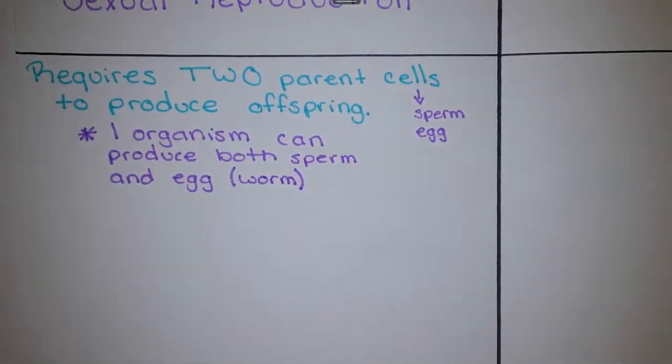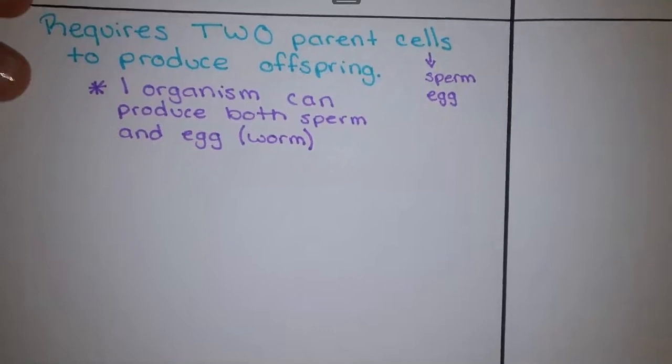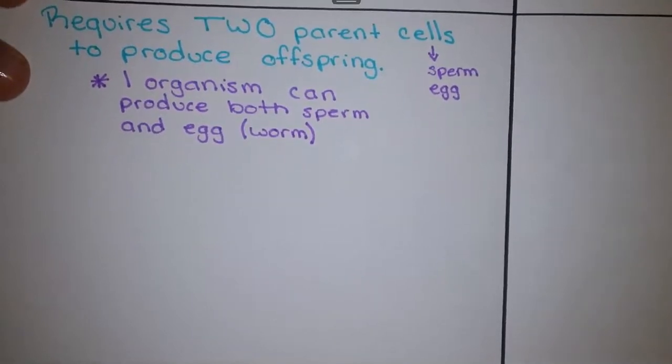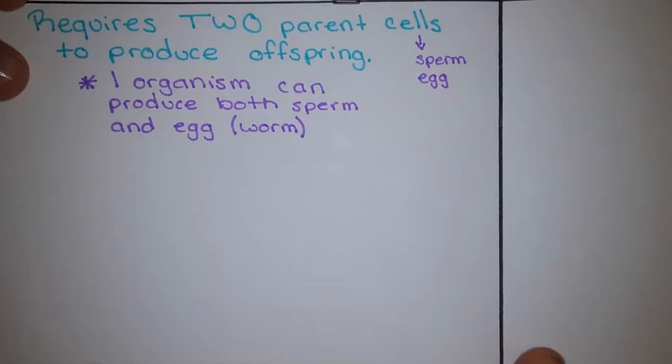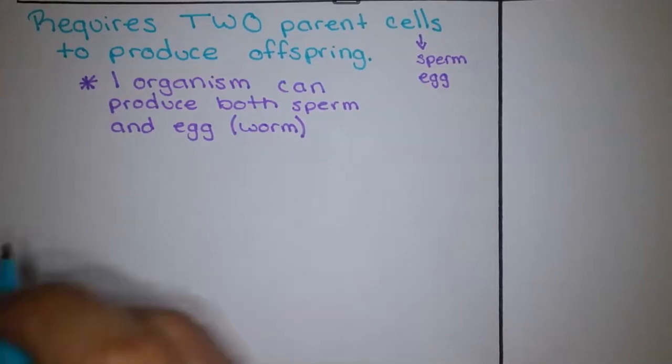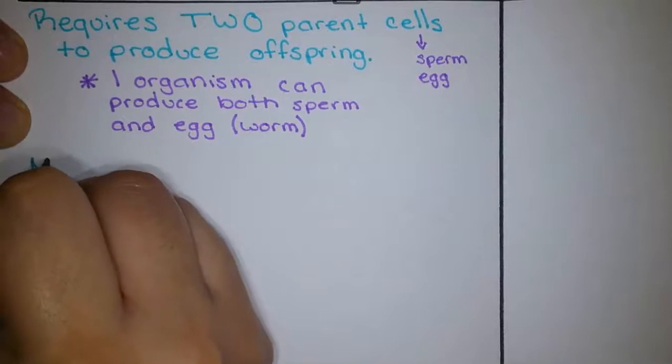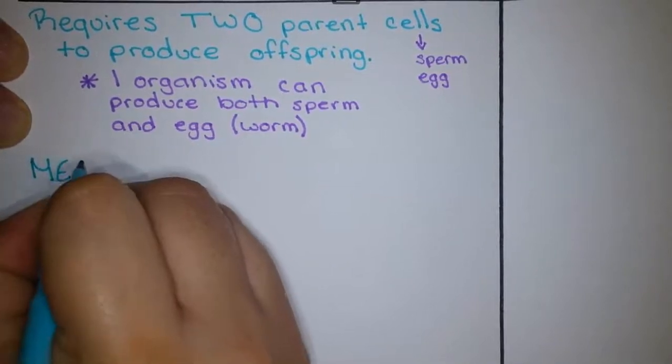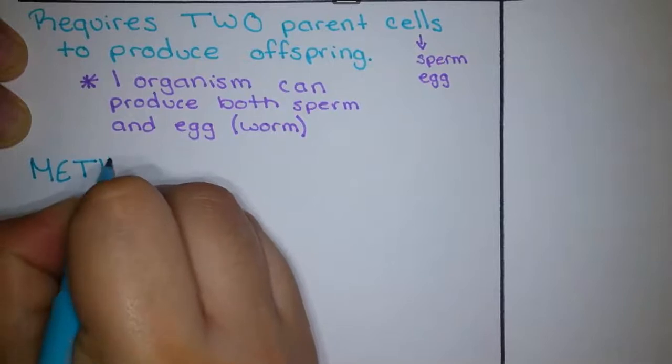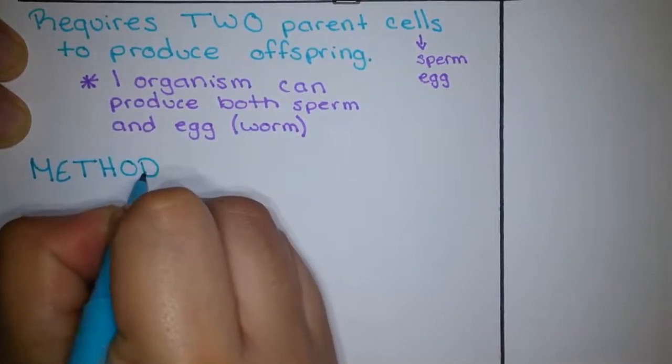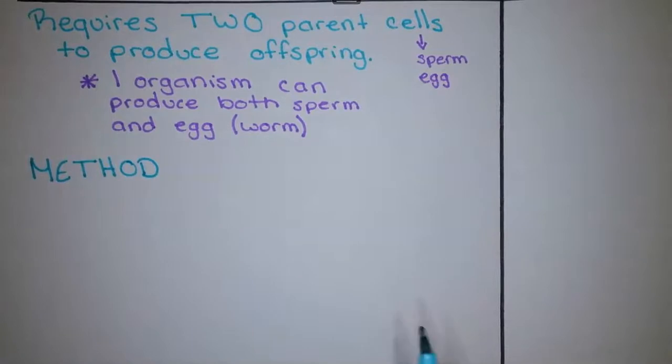Now, that's what sexual reproduction is. Now, the method is what I'm going to talk about next. So I'm going to move that up a little bit. Okay, so the method is, in animals it's going to be fertilization, and in plants it's going to be pollination.